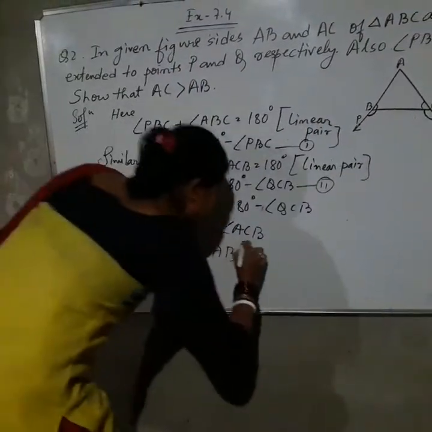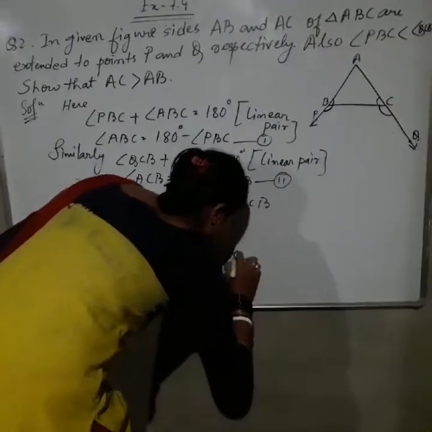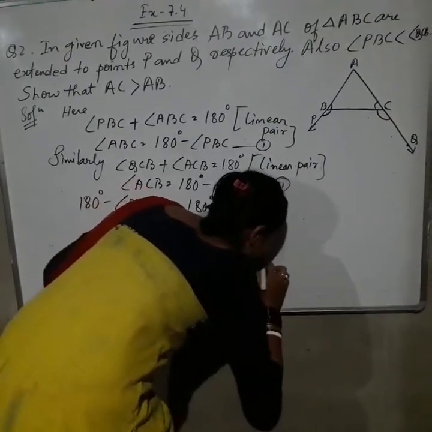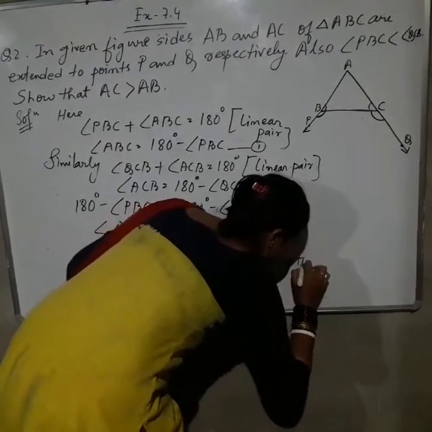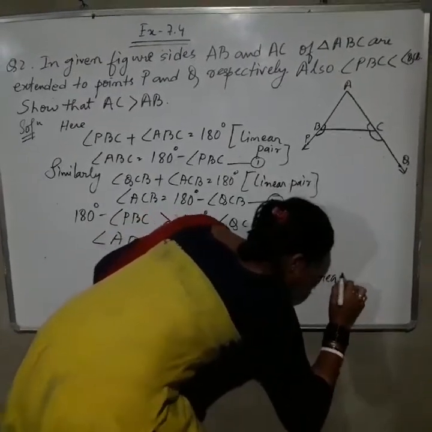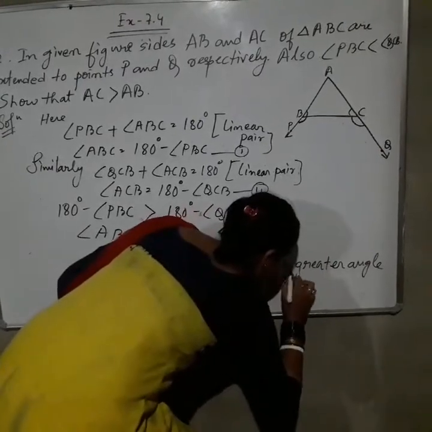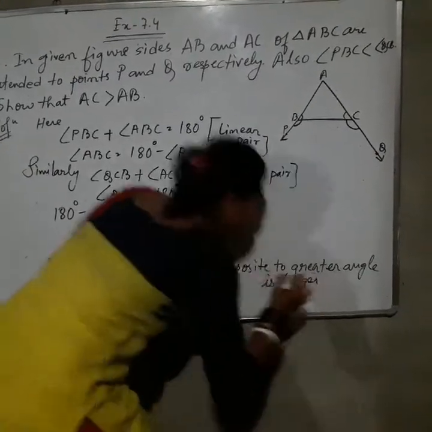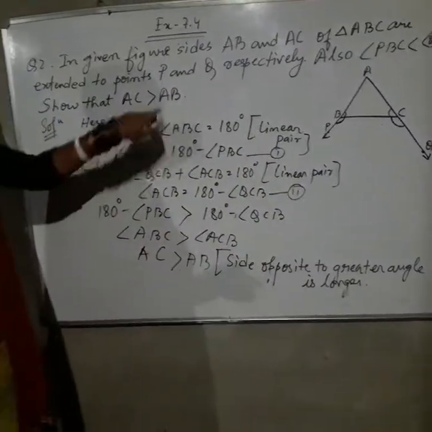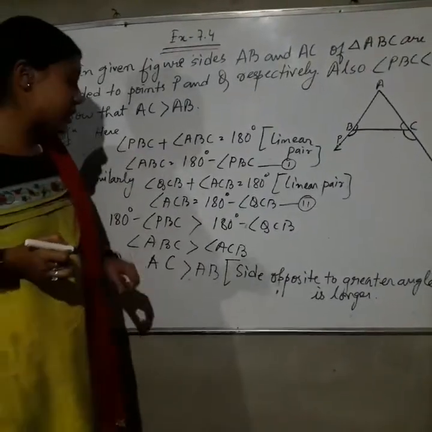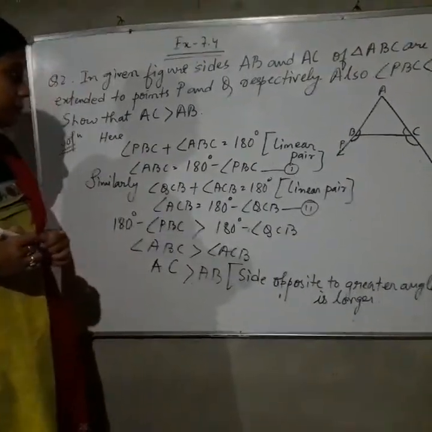So we can write AC is greater than AB. The side opposite to the greater angle is longer. So it is proved that AC is greater than AB. We have shown that AC is greater than AB.